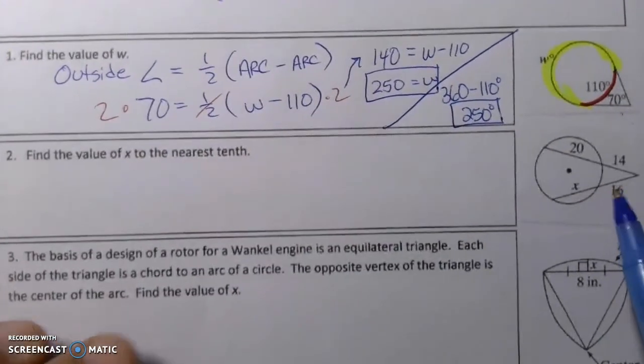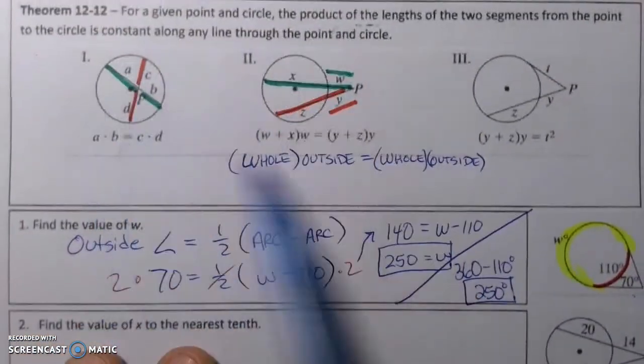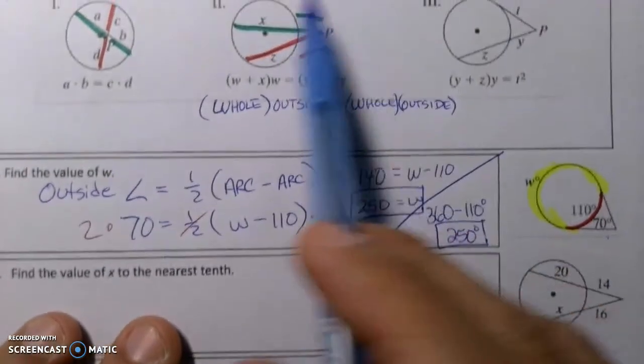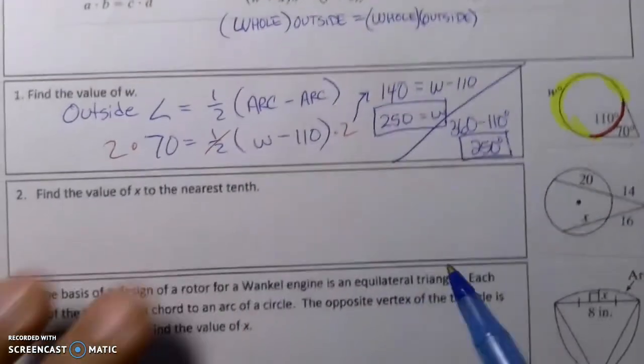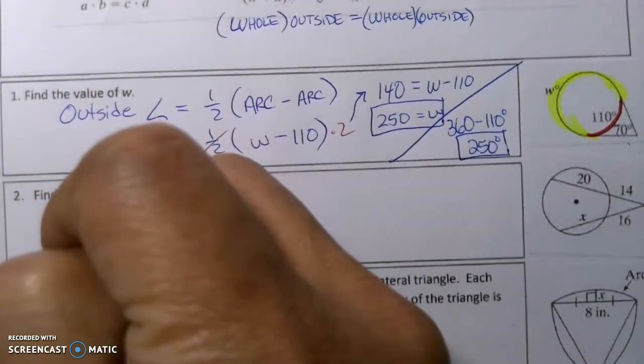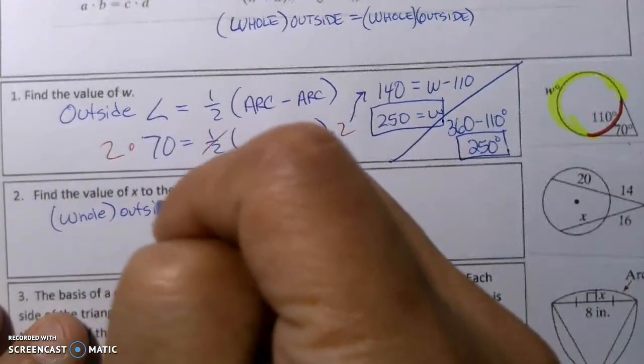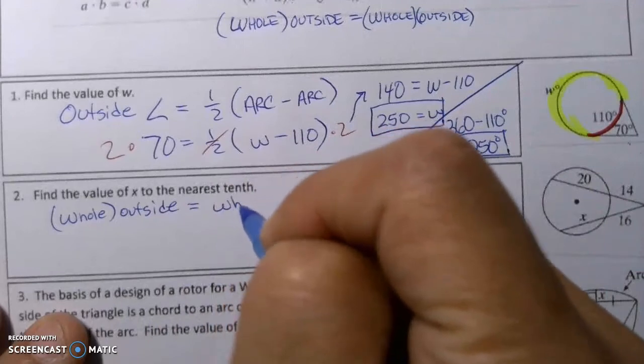Number 2 here deals with the segments. This is an outside segment, so it's going to be this one right here. And I always just mention it as the whole line times the outside portion is equal to the whole line times the outside portion.